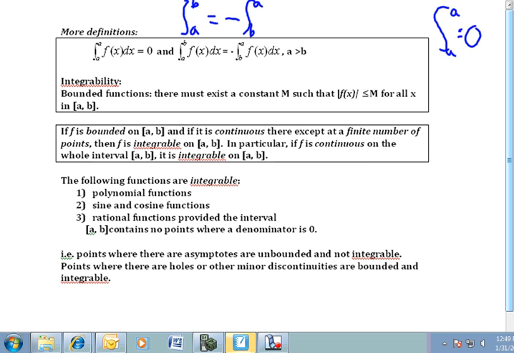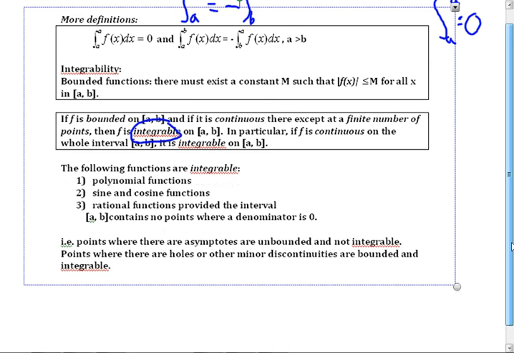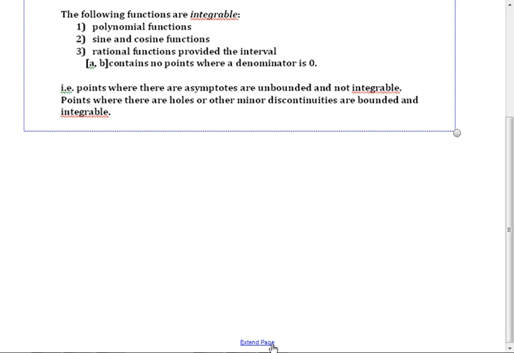And don't worry about all the fancy words. When they say something's integrable, you can integrate it. And the deal is you can integrate it as long as it's just a finite number of breaks in the graph. You may not integrate over an asymptote.